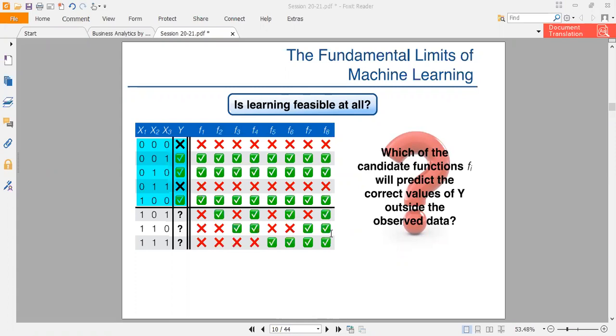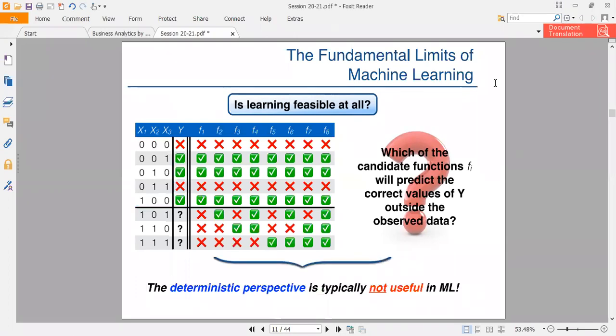F1 से लेकर F8 तक anything is possible because the thing is you do have some information in the first 5 cases, but each of the 6th, 7th and 8th cases is a different case that's not exactly represented in the first 5 cases. तो अगर आपके पास 100 for example दोबारा आ जाता, then you would say okay it's going to be a yes. लेकिन इन 3 cases में से तो कोई भी पहले नहीं आया, तो you cannot really say anything without making further assumptions.